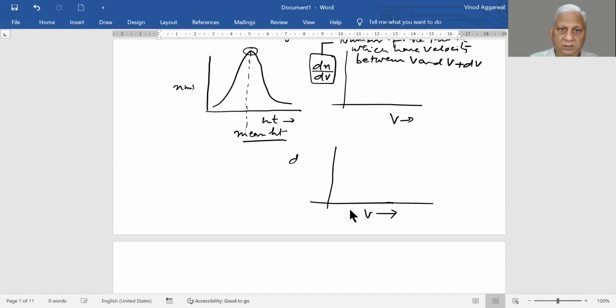This is our v. This is our dn by dv scale. Then the curves look something like this. For a particular temperature T1, let's say, for example, this is 150 degrees centigrade. If we increase the temperature, what will happen? This velocity is definitely going to increase because at high temperature, the agitation is more.